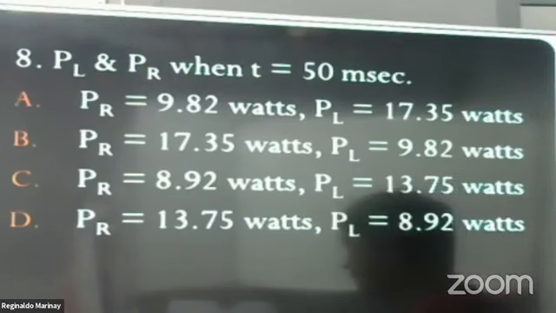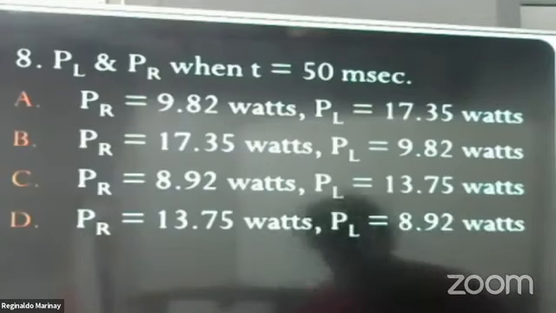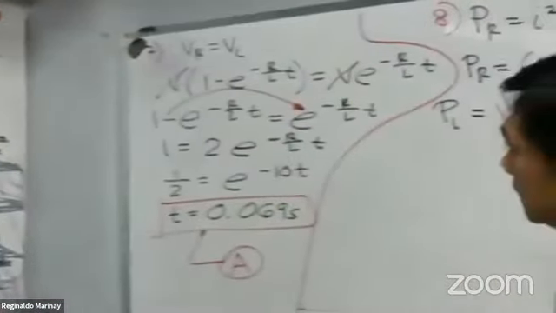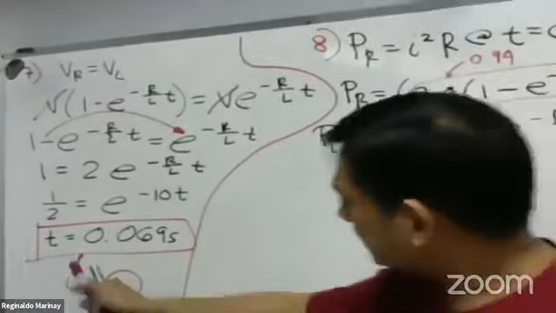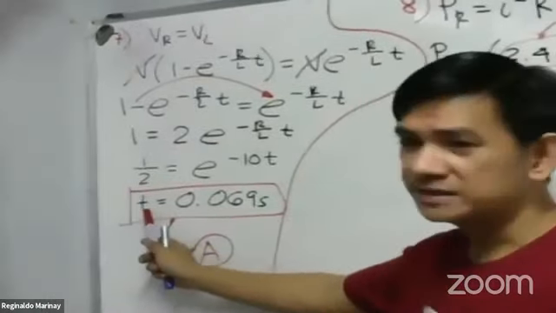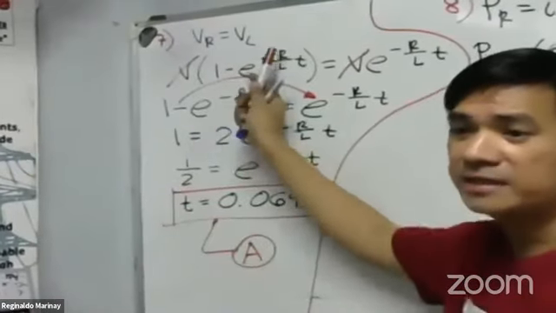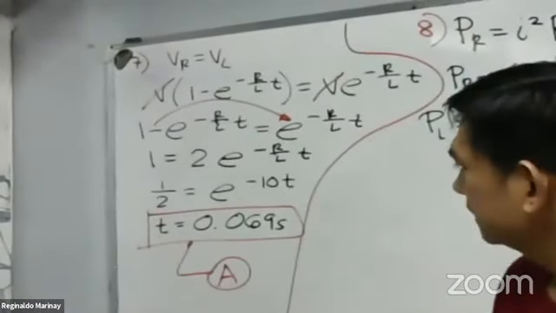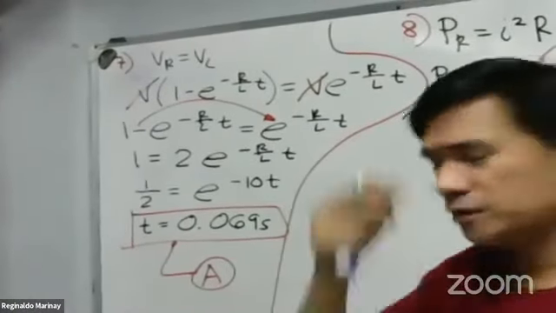Siya nga pala, may nakalimutan ako dito sa number 7. I want to go back to number 7. The question here is, what is the time when BR and BL will become equal? I will have an alternative solution for this.